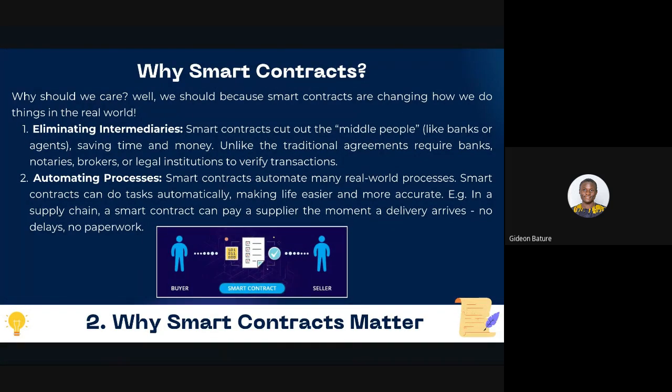Unlike how we dealt with transactions before, you always have middlemen, right? For instance, let's say you want to convert dollars, maybe you went for a wedding, you danced, and one man sprayed you $100. You say, let me reach the bureau de change guy on my street, he will change this to naira.